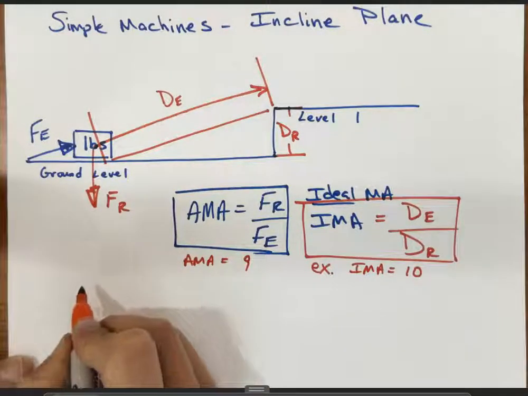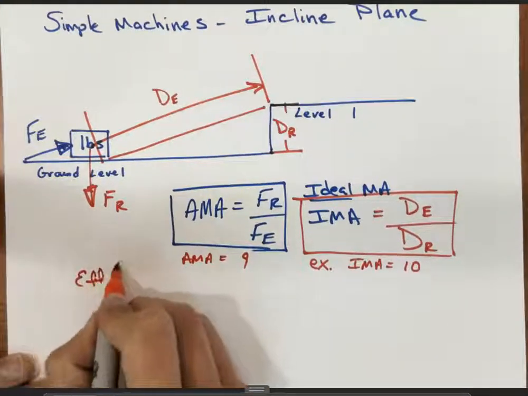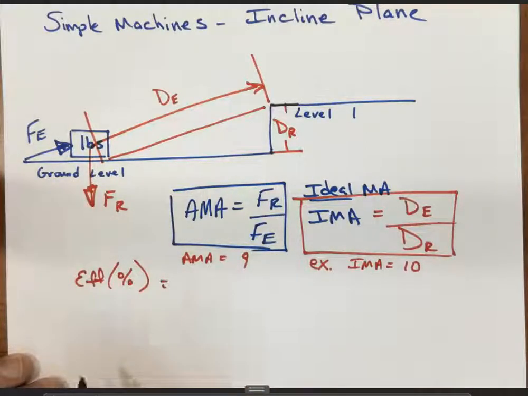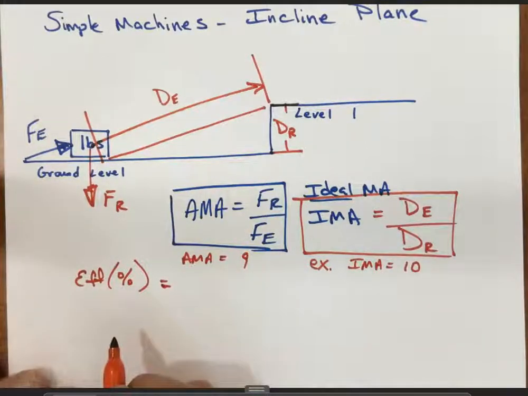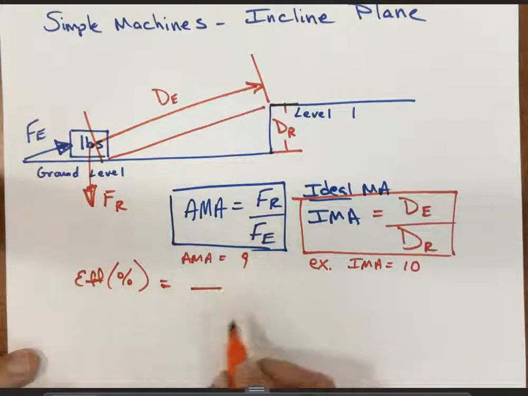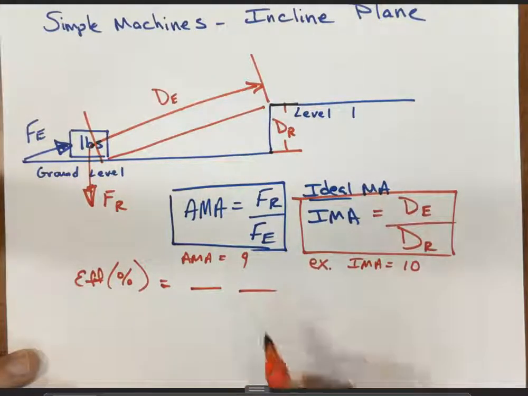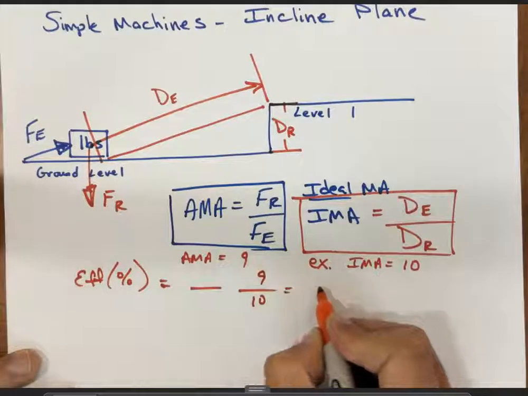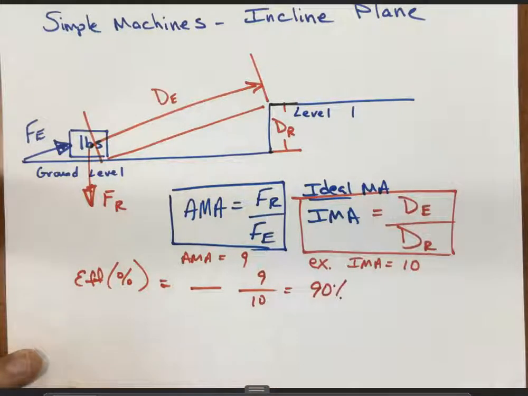So we would ask, what is the efficiency as a percent? Well, kind of like when you figure out your grade on a quiz or test in class, you may say, hey, it's out of 10 points. I got 9 out of 10, and I got, in essence, a 90%, right?